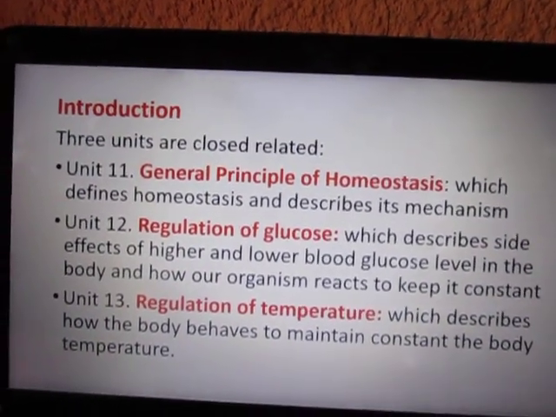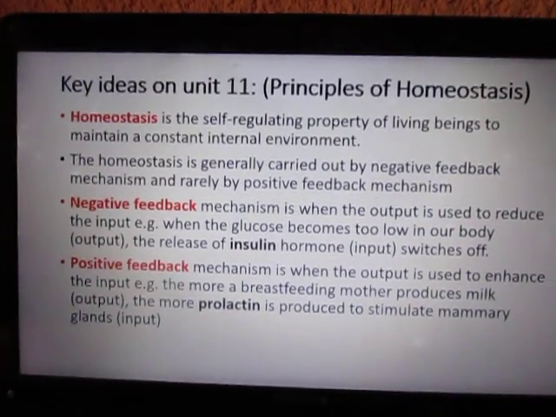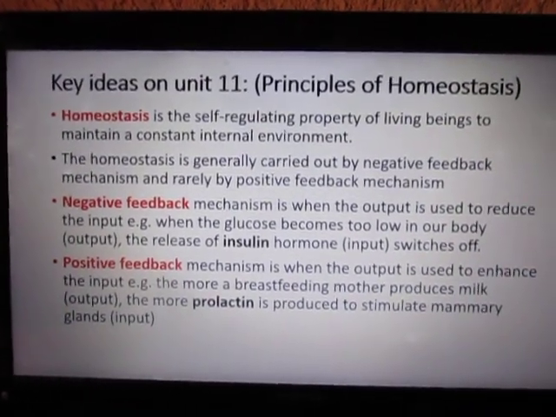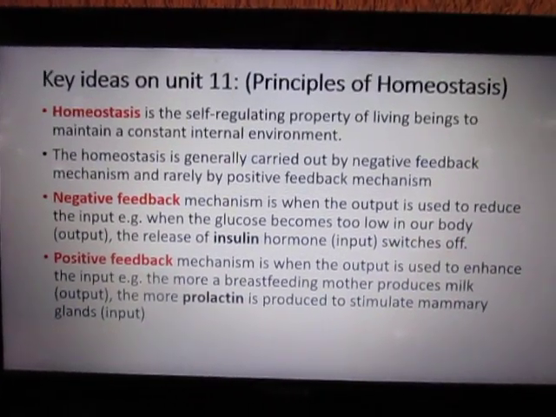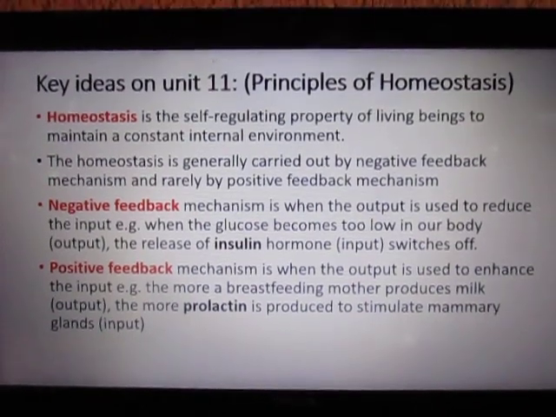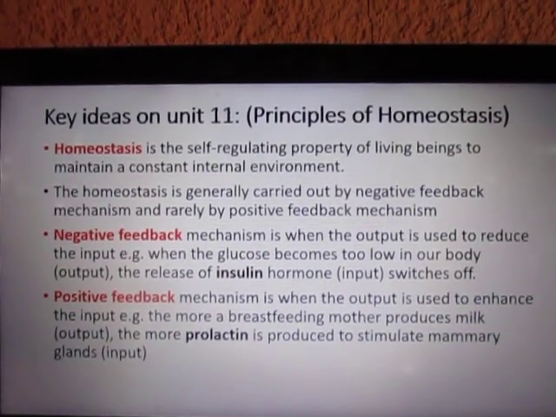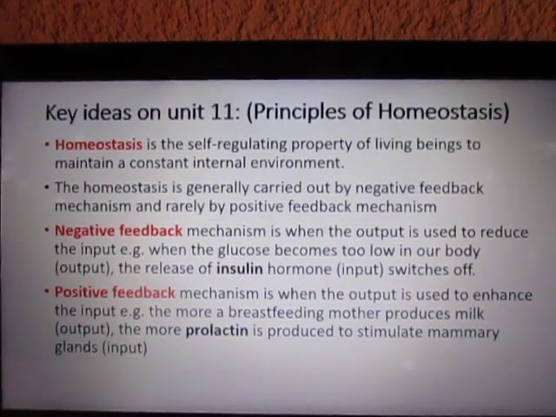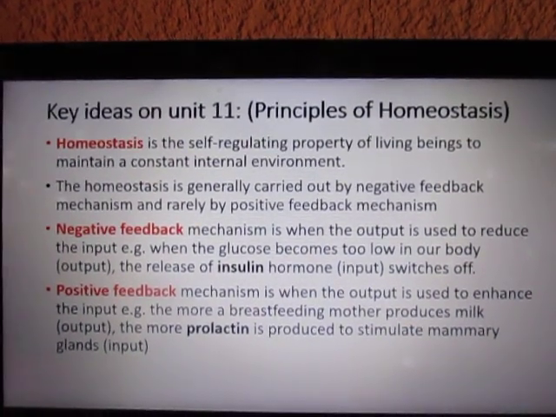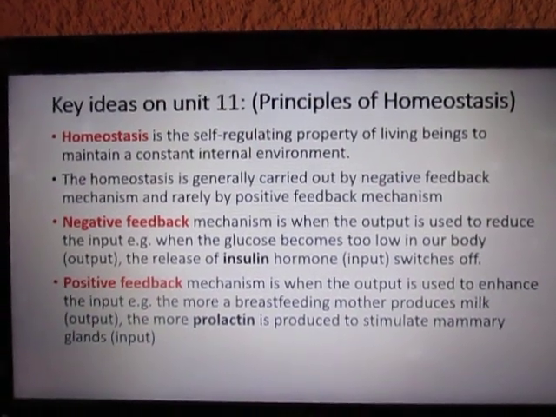So, what is the key idea about unit 11? Here we should first be able to define what is meant by homeostasis. Homeostasis is the self-regulating property or ability of an organism or living being to maintain a constant internal environment.